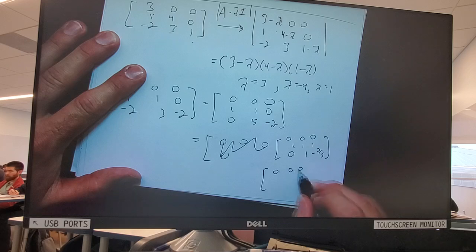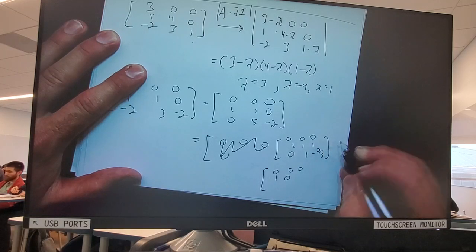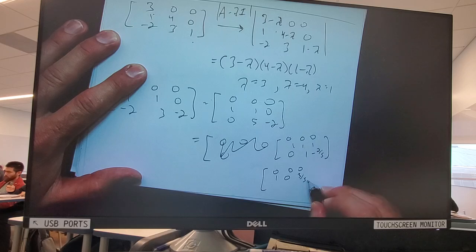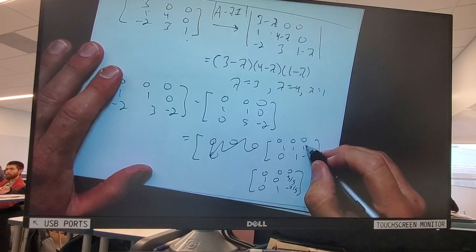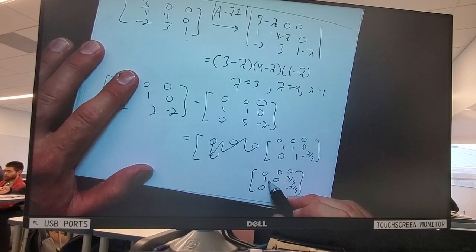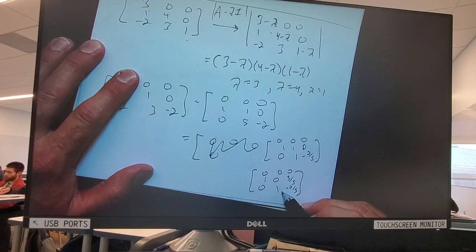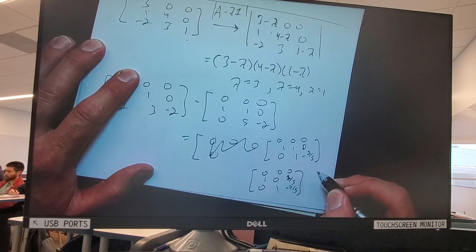I get 0, 0, 0, then 1, 0, and 1 minus 2/5 is 3/5. Wait, there's supposed to be a 0 in the second row. So this will be 1 minus 0, 1 minus 1 is 0, and 0 minus 2/5 is positive 2/5.